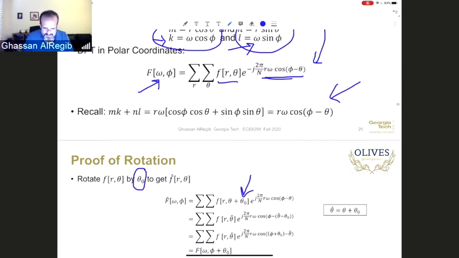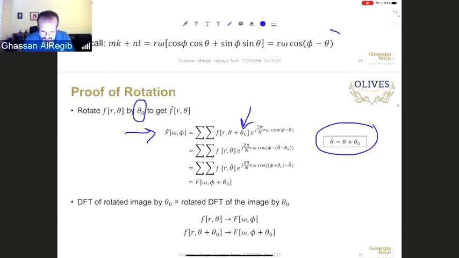Everything else in this definition is the same. We introduce this change of variable, theta tilde equal to theta plus theta naught. If we do that, this will simplify to theta tilde. In here, we replace theta with theta tilde minus theta naught. And then we just rearrange the terms as in here.